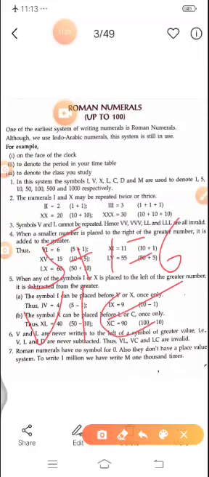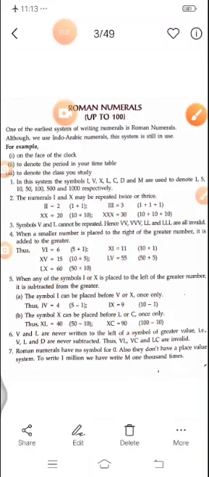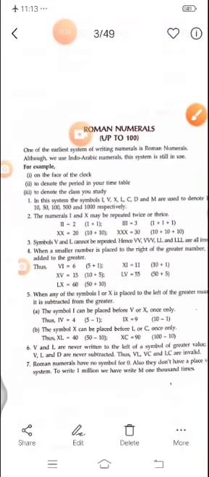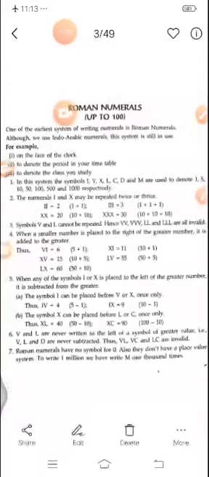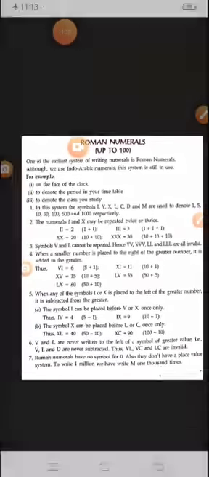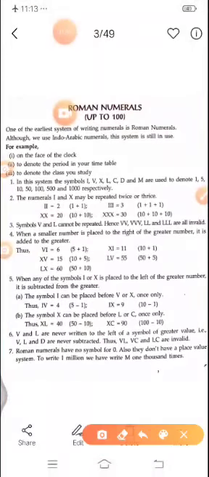Okay, so that is an addition to the greater number, and if we want to subtract the number, we will write the smaller number to the left of the greater number.